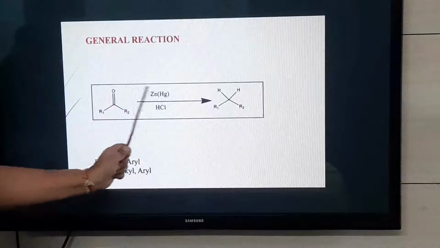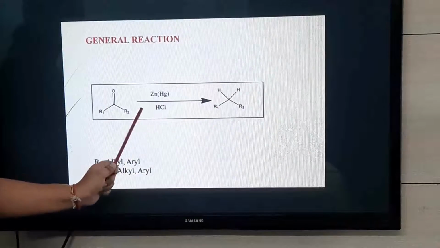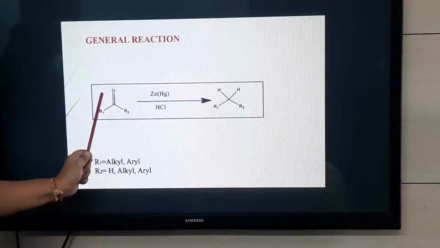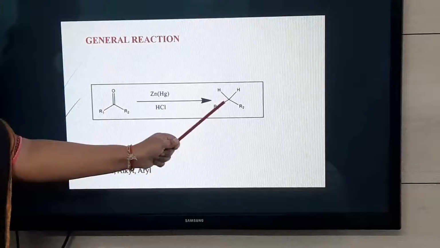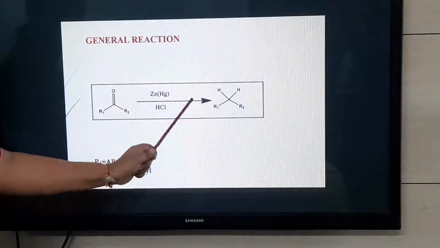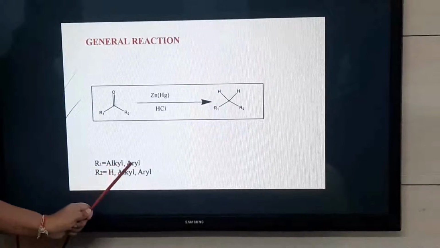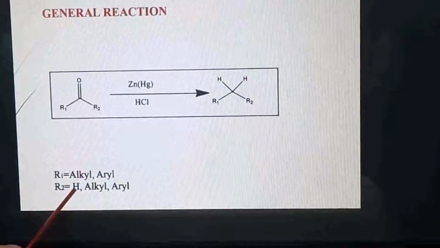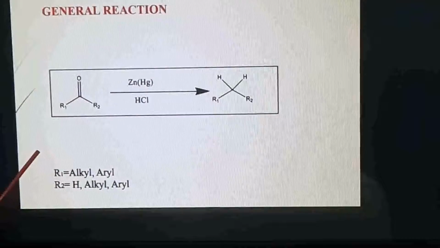This type of reaction is called the Clemmensen reduction reaction. Why is it called reduction? Because reduction here means loss of oxygen and addition of hydrogen. Here R1 and R2 can be any alkyl groups, any aryl groups, or even simple hydrogen.